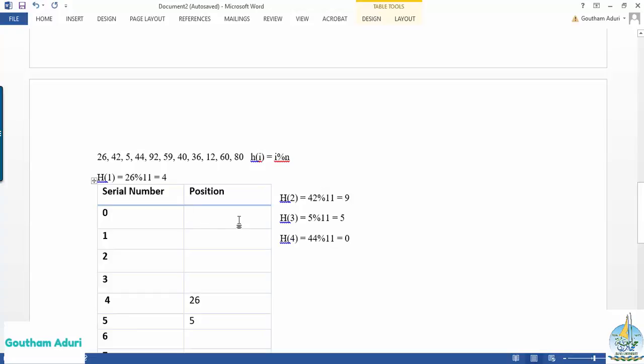Then h(5) is 92 mod 11. 11 times 8 is 88, so the remainder is 4.